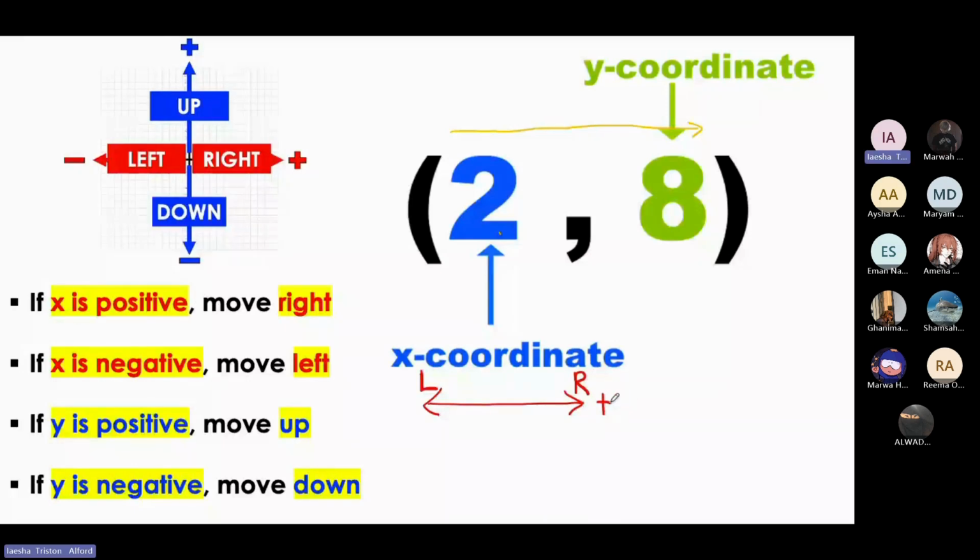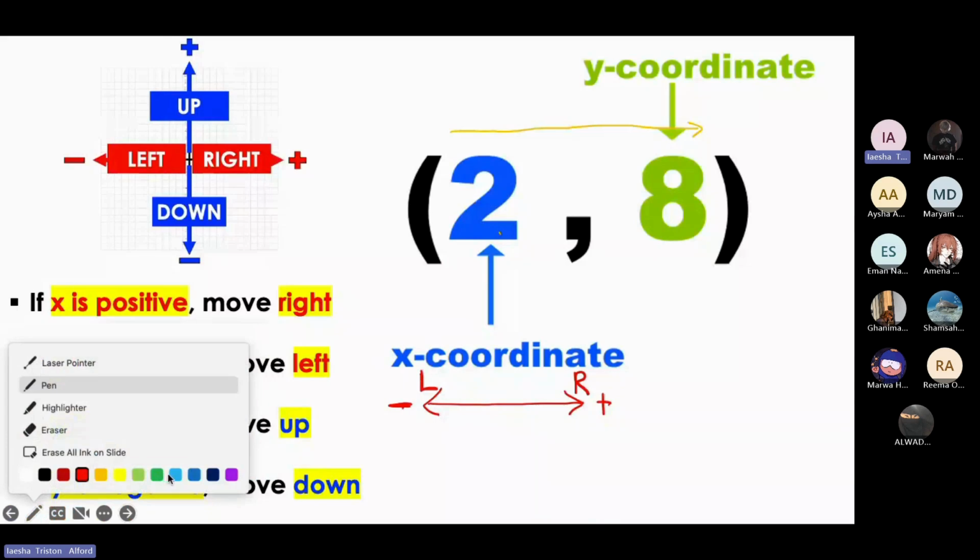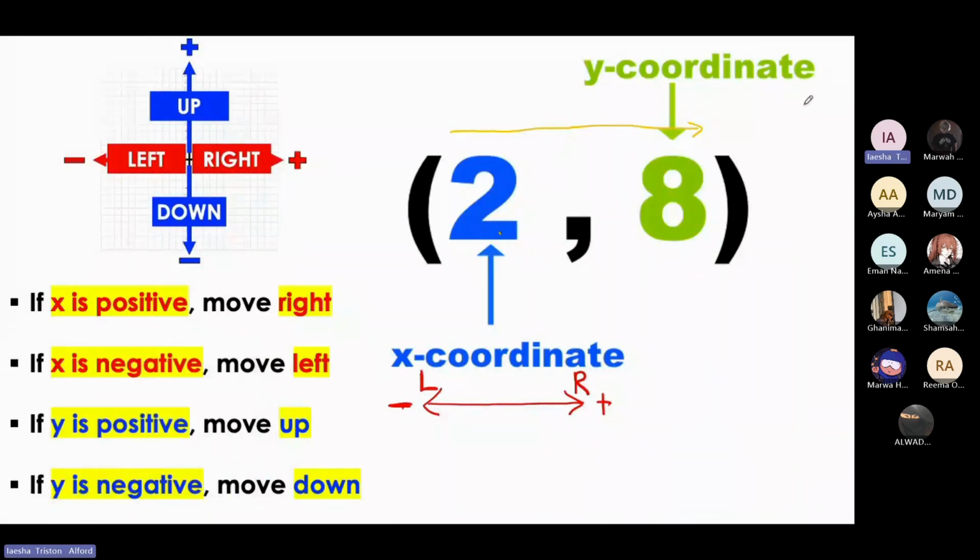So those are positive numbers on the right side. When we go left, those are typically negative numbers. When we talk about the y coordinate, the y coordinate moves up and down. Up is normally positive numbers and down is going to be negative numbers.